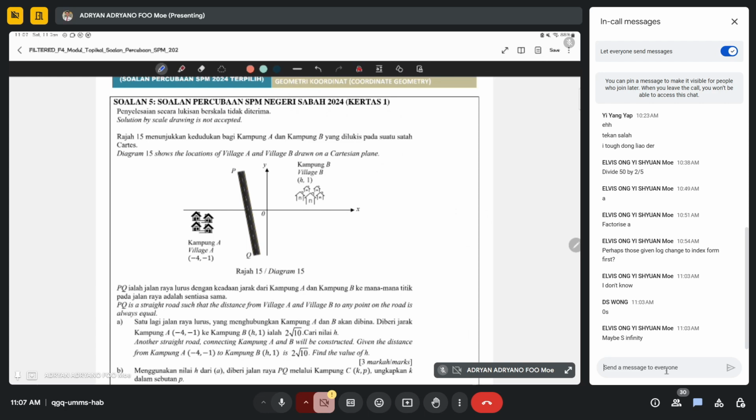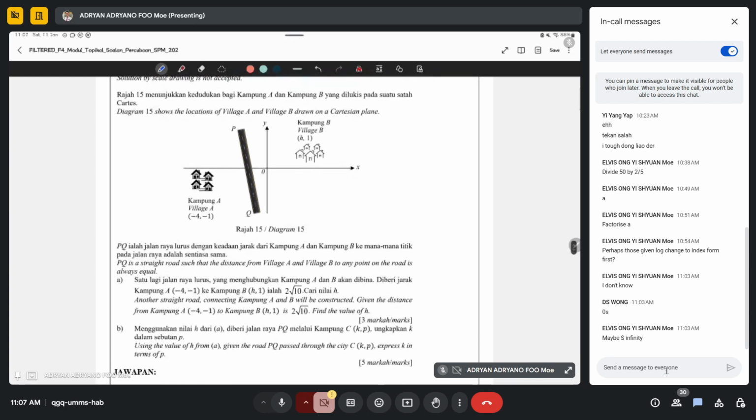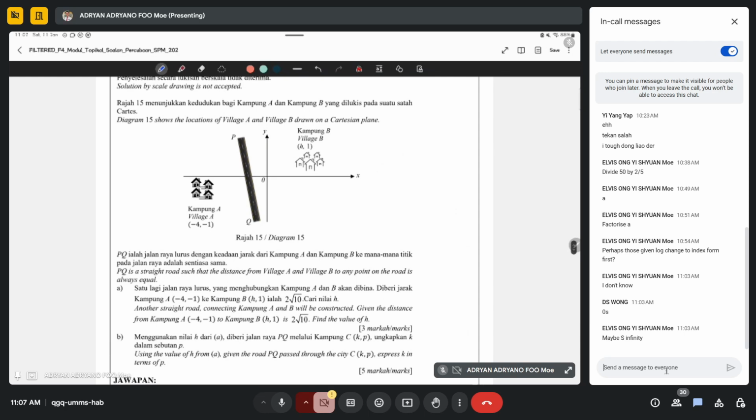Shows the locations of village A and village B drawn on Cartesian plane. PQ is a straight road such that the distance from village A and village B to any point on the road is always equal. So 你要记得这个是什么 locus? 我们 locus 有几种：Circle, perpendicular bisector, straight line.